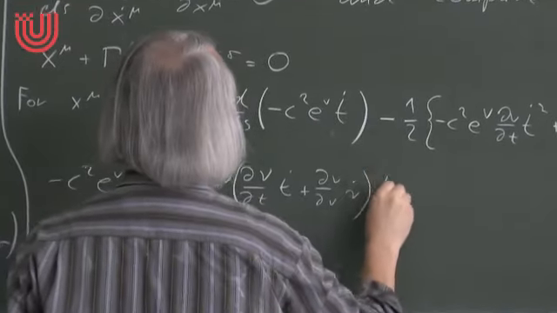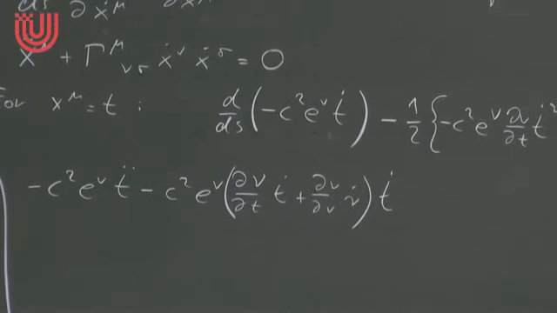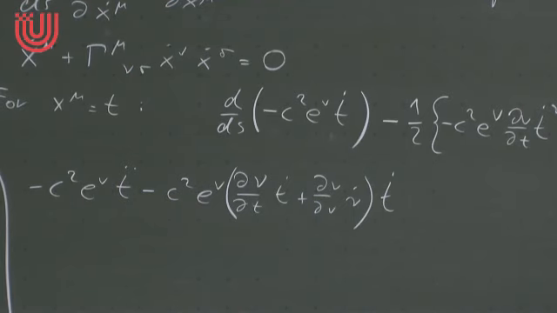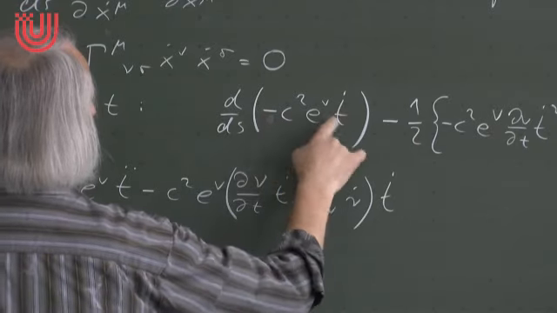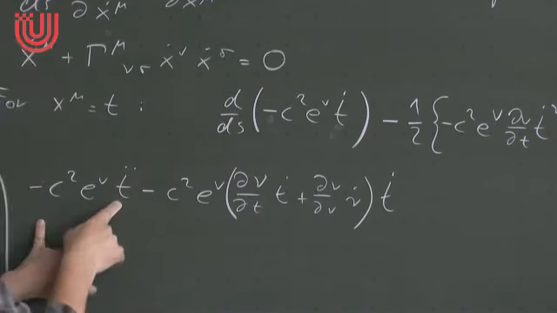And then I have this t dot. So that's the first term, right? First I left this constant and differentiated the t dot, then I get a t double dot.